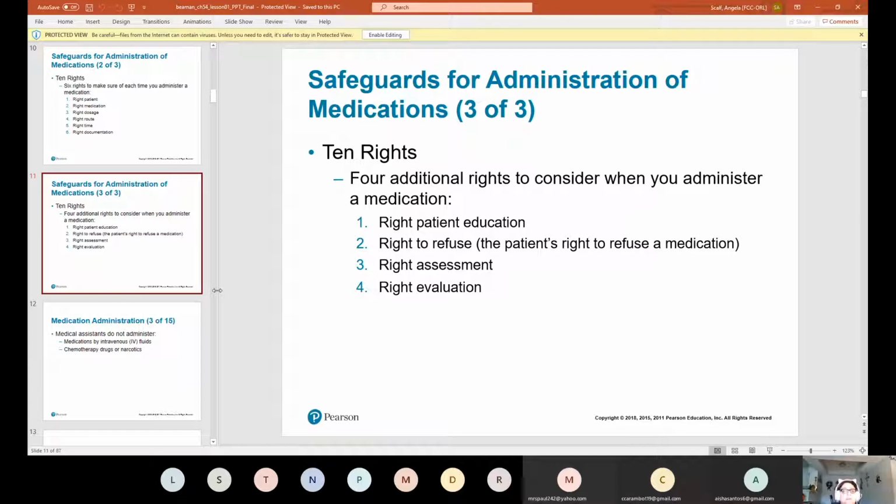So if we're teaching them, let's say we're going to give them a dose of insulin because the doctor's ordered it. We're showing them in the stomach how to rotate the area and how to cleanse the area, and showing them how to use the pre-dosed vial, even if it's their very first time.